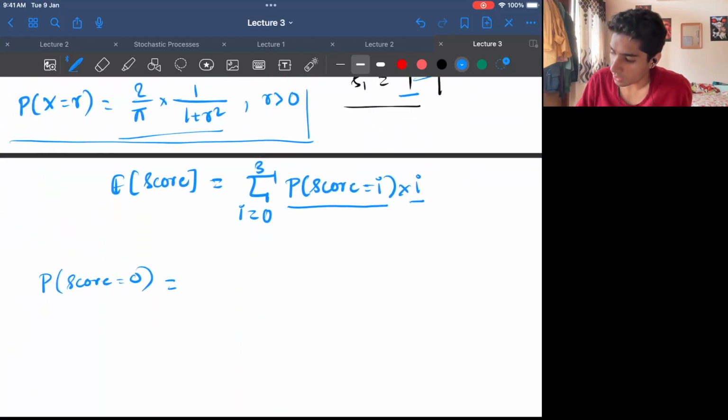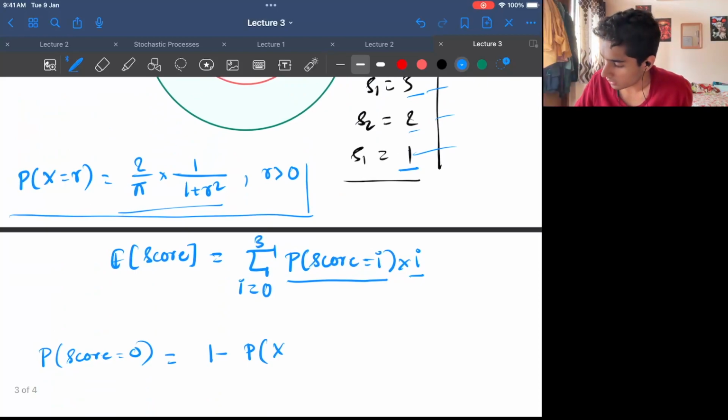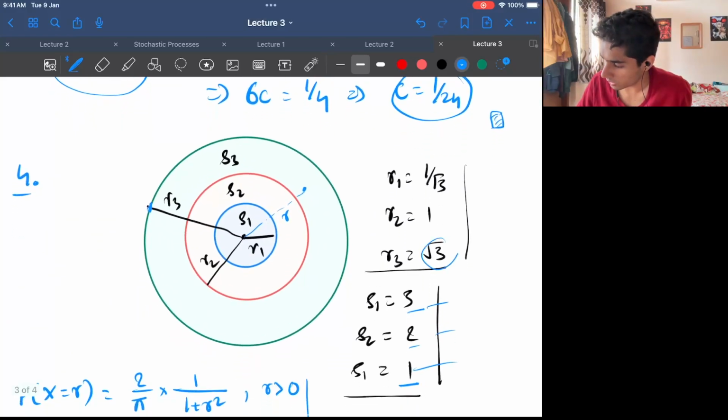So the probability of that is 1 minus the probability that x, the distance at which you hit the dart, is less than or equal to root 3. If you are inside this R3, which is equal to root 3, then you will score something.